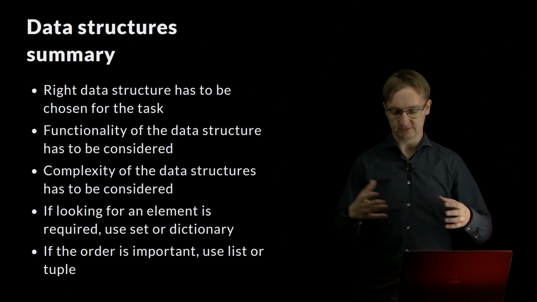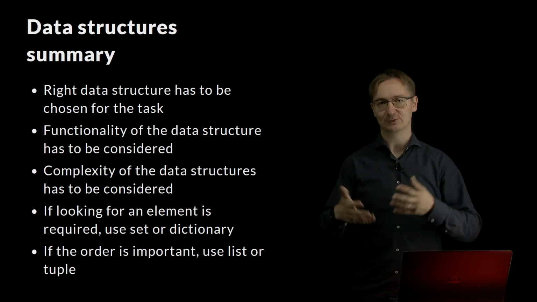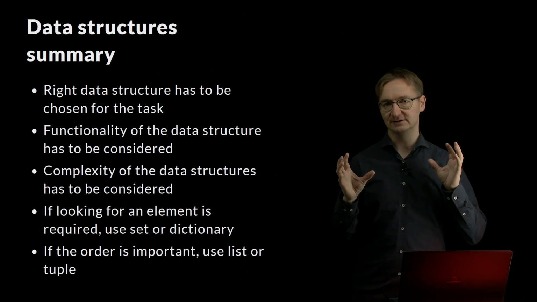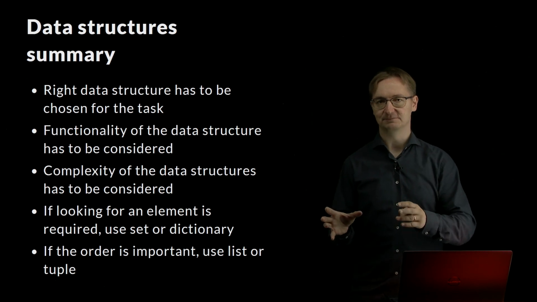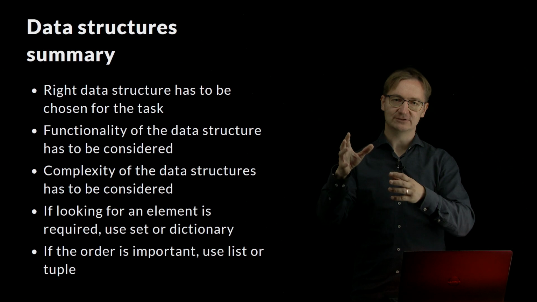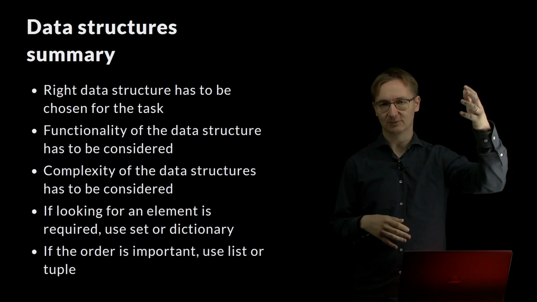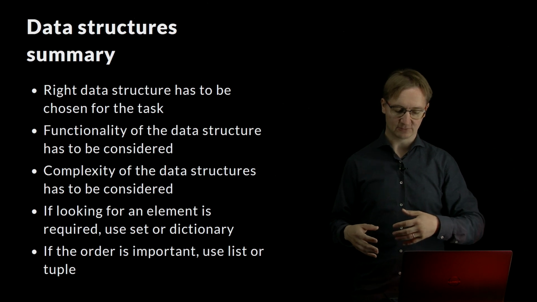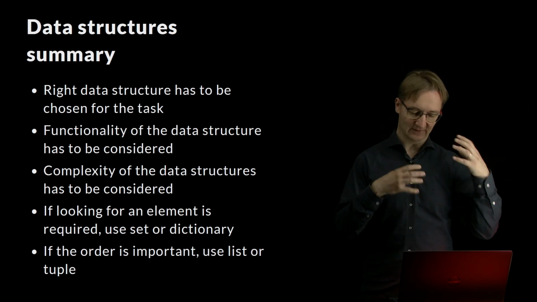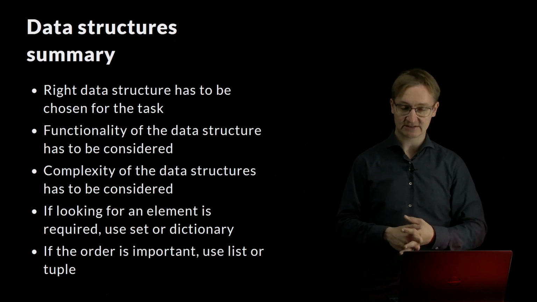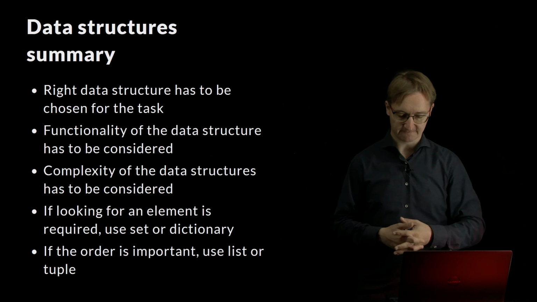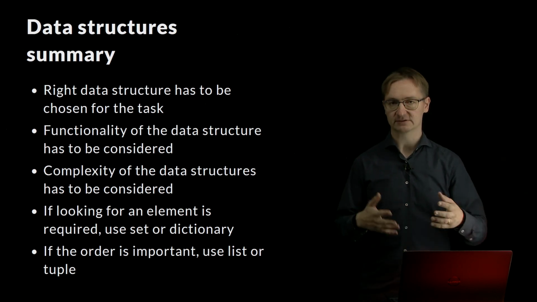And if both are important, then you have to combine and see whether you can come up with a solution. For example, you can store the order in a list, just for the case you need the order, then you can go over this list and take the elements. But you can also store the same elements in a set when you want to check whether you have this element or not, or use a dictionary for that and so on.